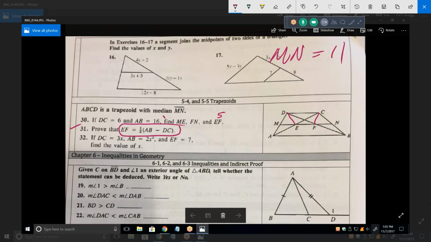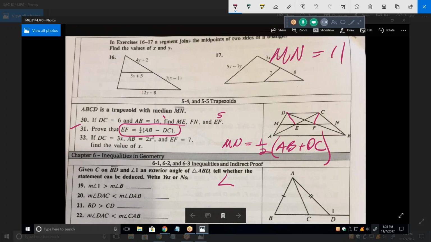In other words, MN is definitely half of AB plus DC. So why would EF be half of AB minus DC?